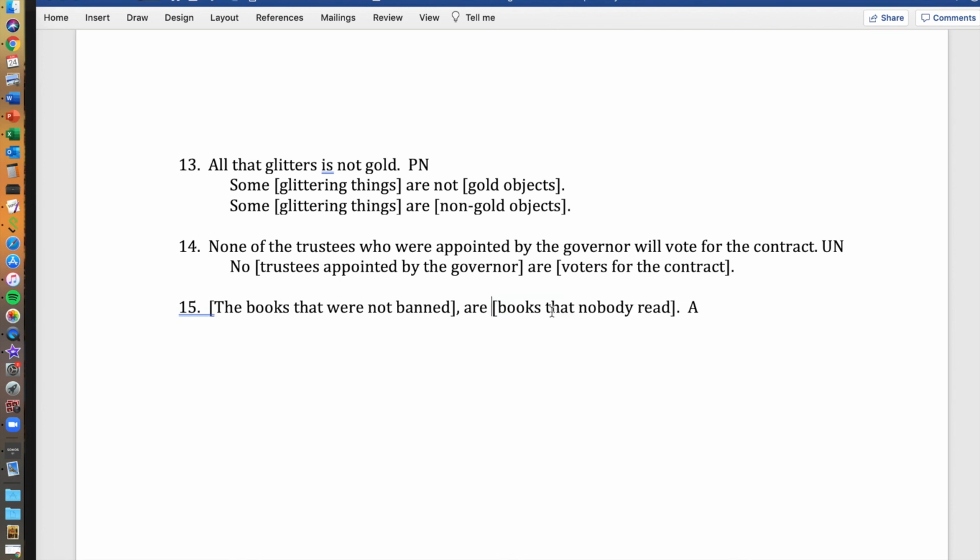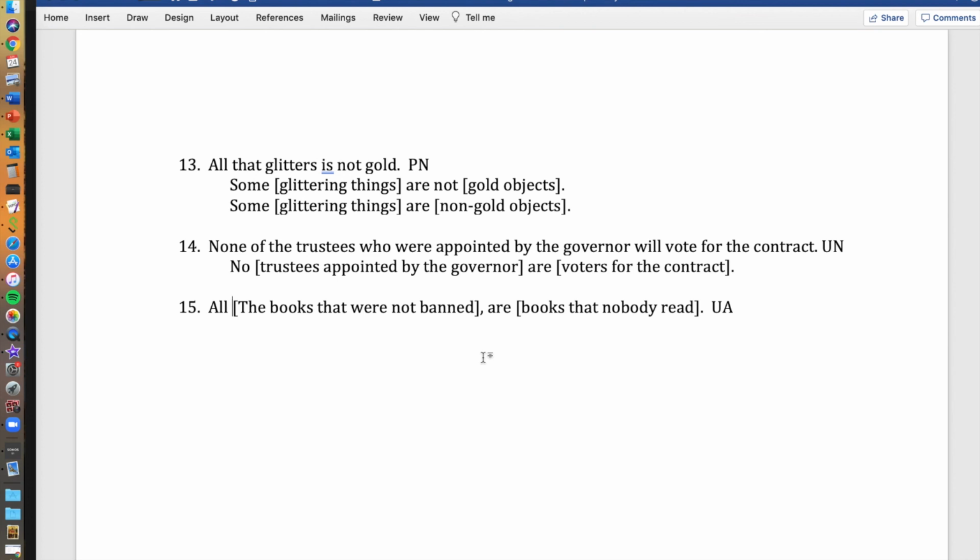So are we talking about all the books that were not banned, or are we talking about some of them? It seems to suggest it's universal, the books, because we don't get any indication that we're talking about just some of them, right? So all the books that were not banned are books that nobody read.